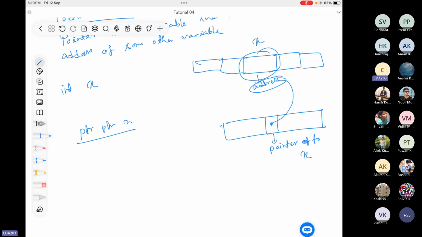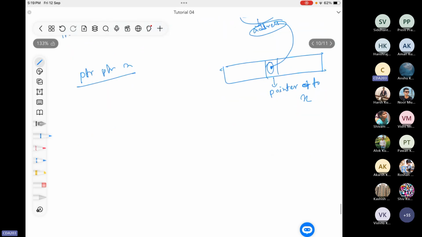So I think the idea is clear: what is a pointer and what is stored inside the pointer. Pointer is basically this address. Yes, a linked list has this kind of thing, but not previous. It's actually where it is pointing.